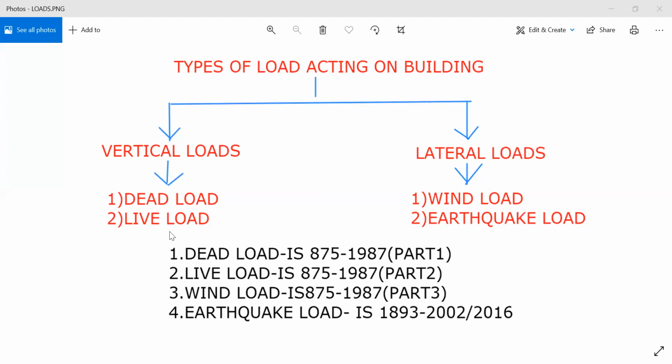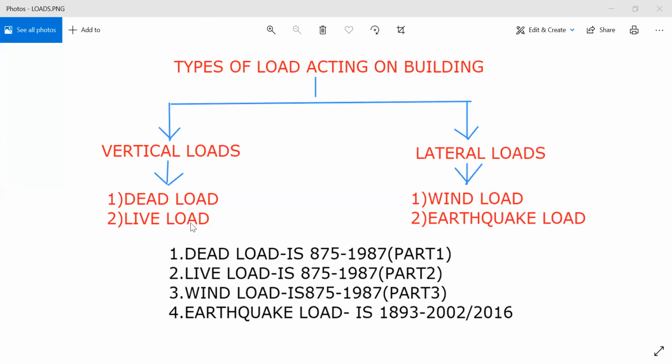Like if it is a commercial building, the quantity of load can be increased. If it is a public building, the quantity of load can be decreased. That's how we have to consider the amount of live load acting on that particular building. Now these are the dead load and live load.